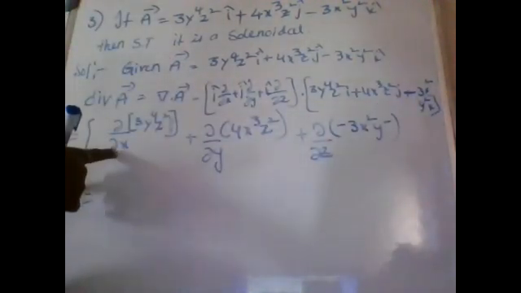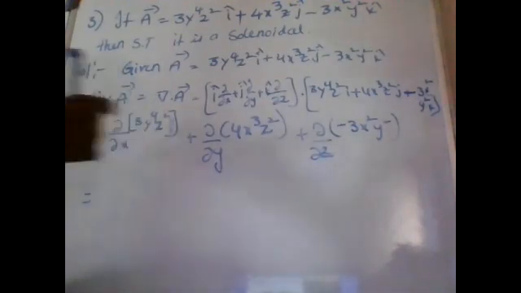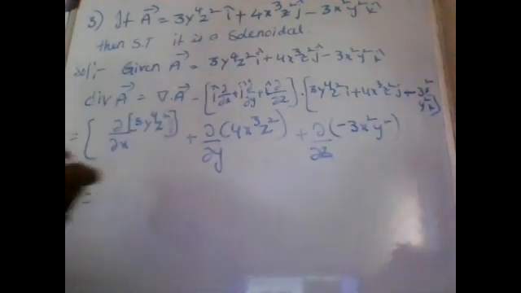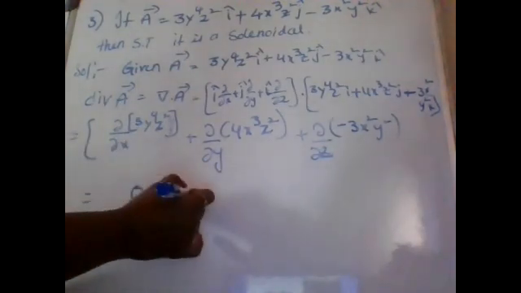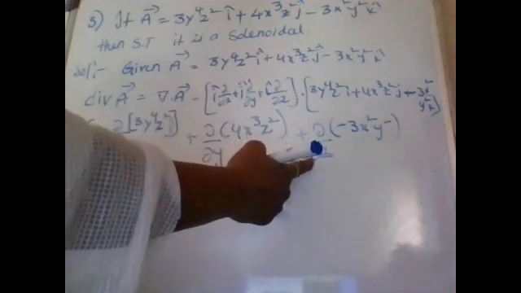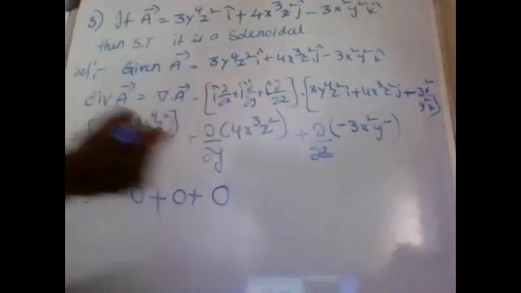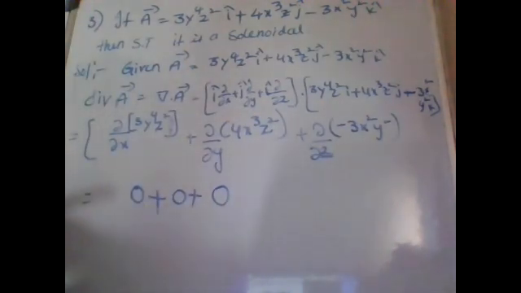Here, in the first term we have y and z only, so differentiation with respect to x is 0. In the second term we have x and z, so differentiation with respect to y is also 0. In the third term we have x squared y squared, so differentiation with respect to z is 0.